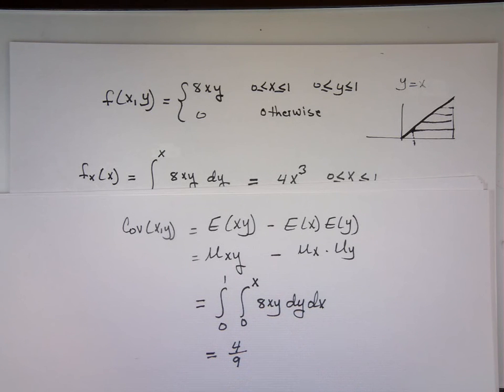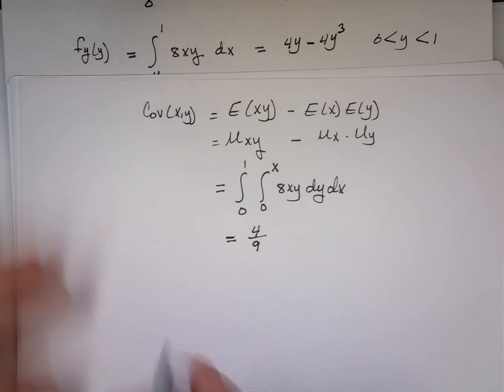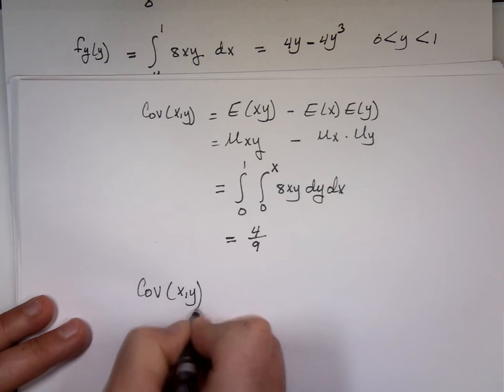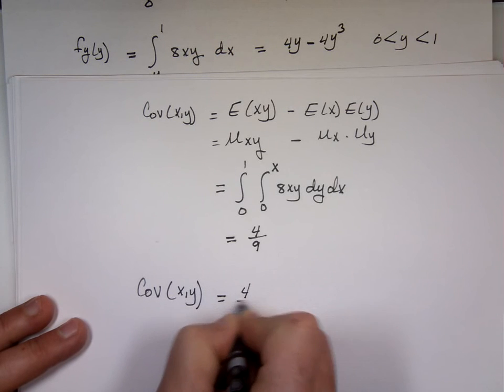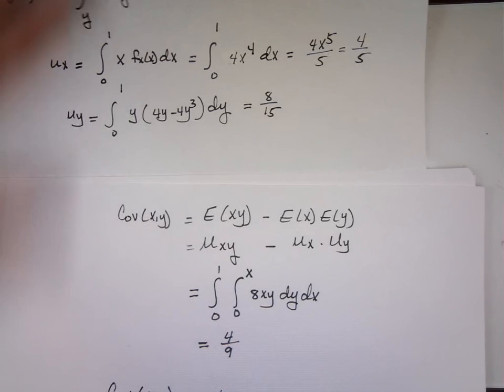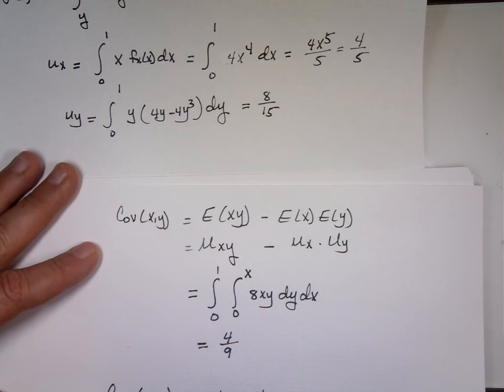It's all based on the same thing. Do we know what the covariance is now? It's 4 over 9 minus mu x, which is 4 over 5, times 8 over 15.